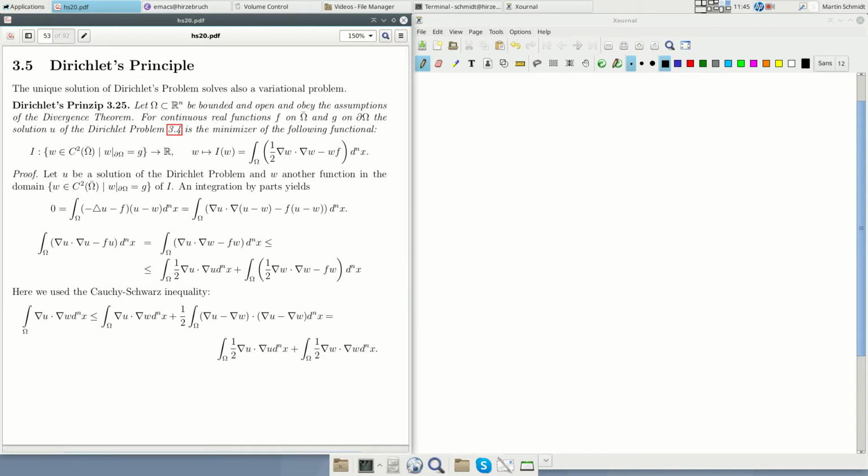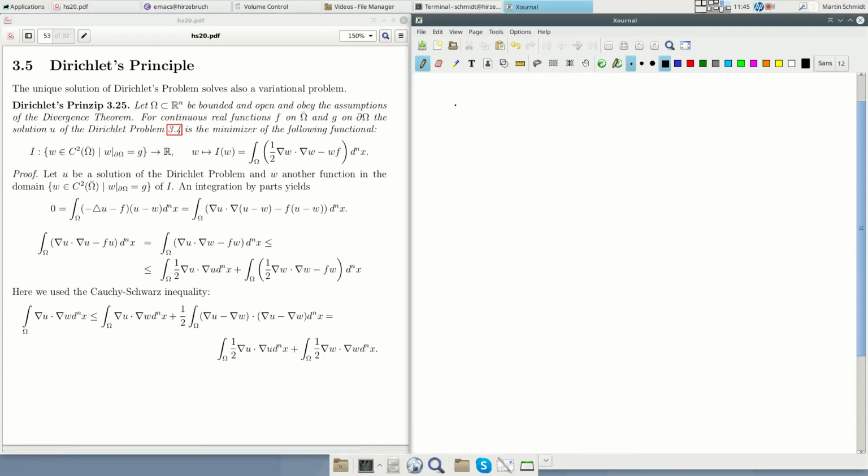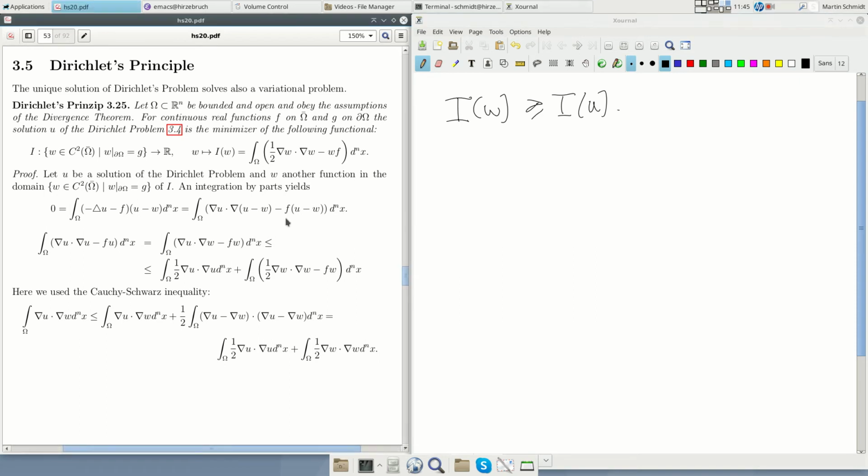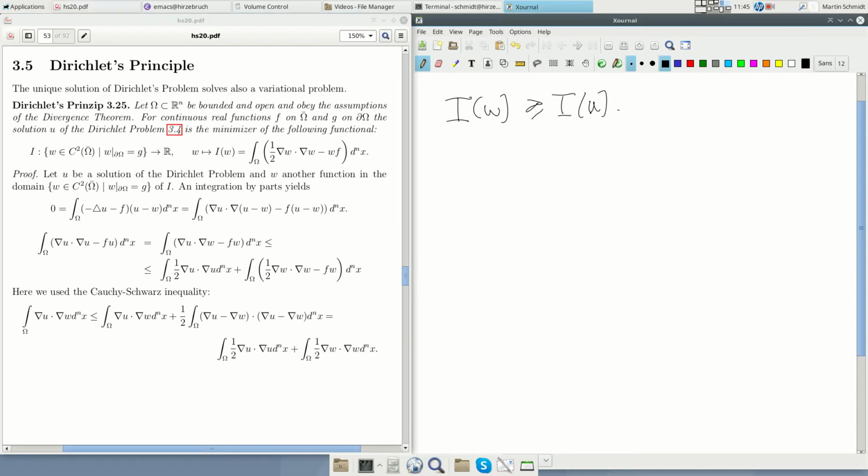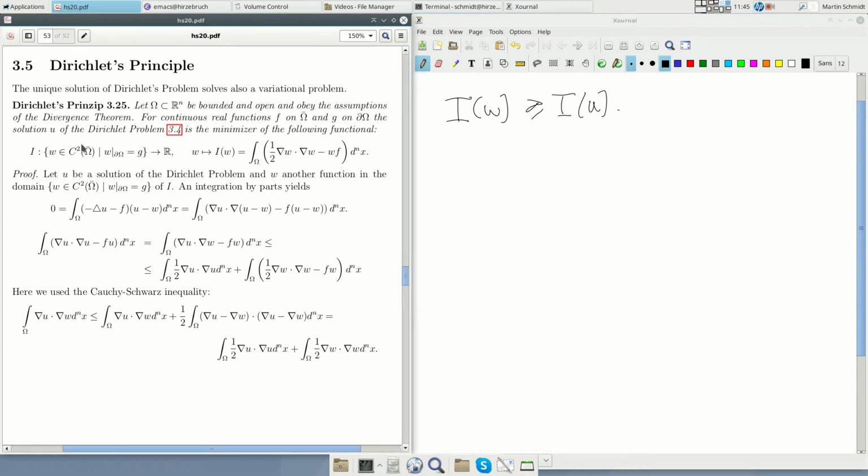Then we have to prove that I of w is larger or equal to I of u. This we now have to prove, because we want that this is a minimum. The solution of the Dirichlet problem should be a minimizer, so it should give the smallest possible value. So this means a minimum in this infinite dimensional space.